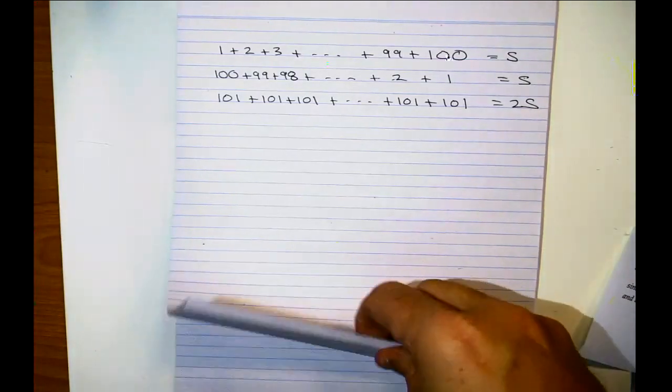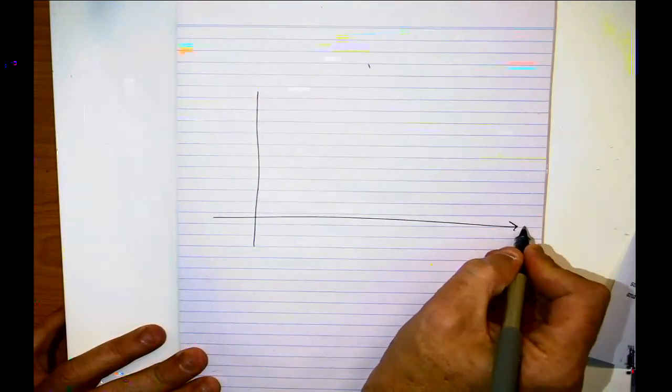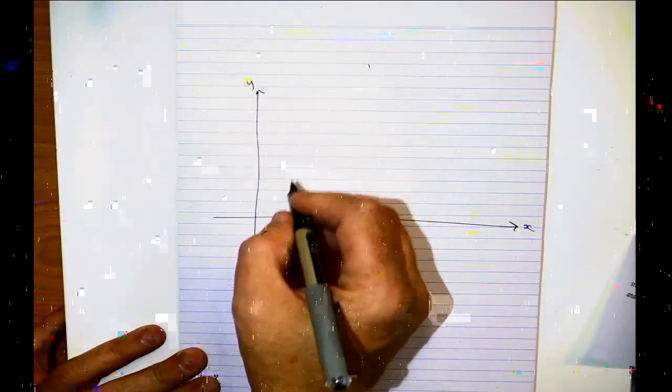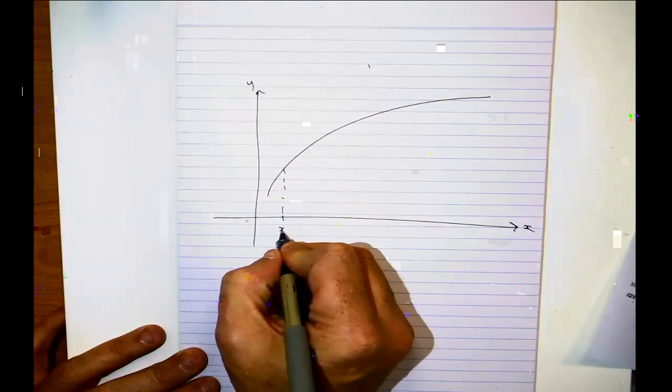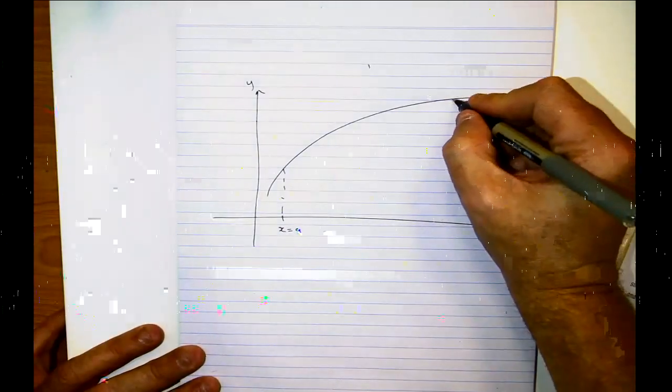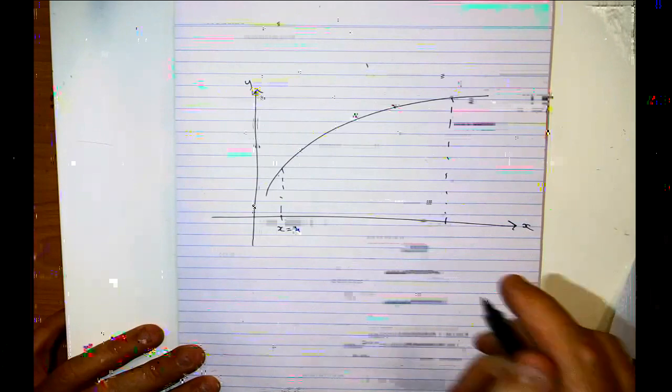Let's say you've got some function between, say, x equals a and x equals b. We're assuming it's smooth, well behaved, it doesn't blow up, it doesn't do anything naughty.